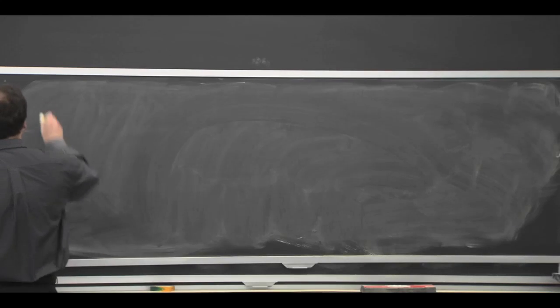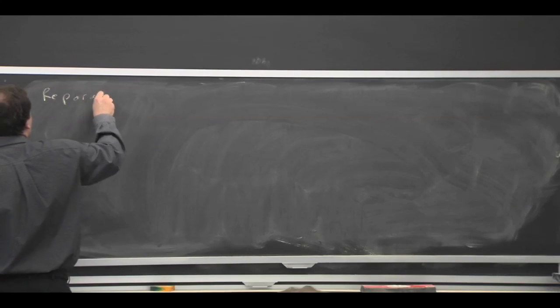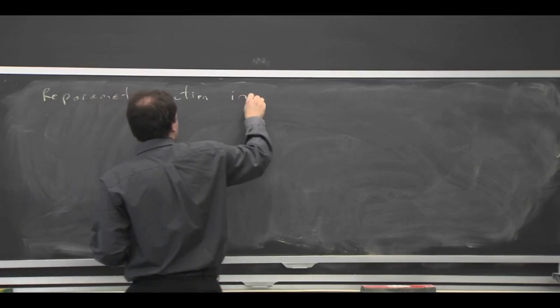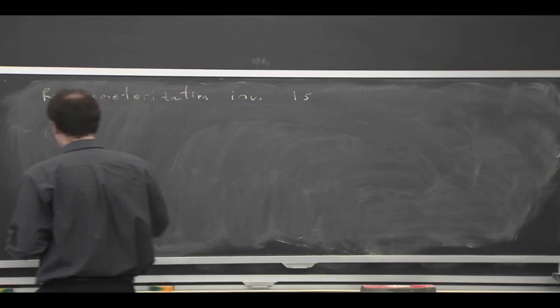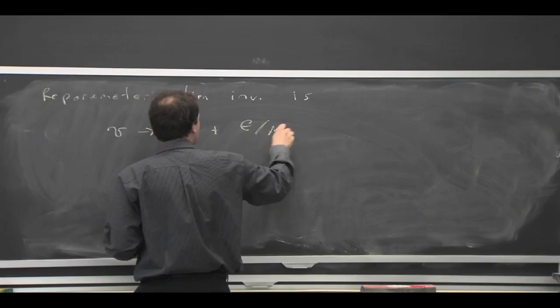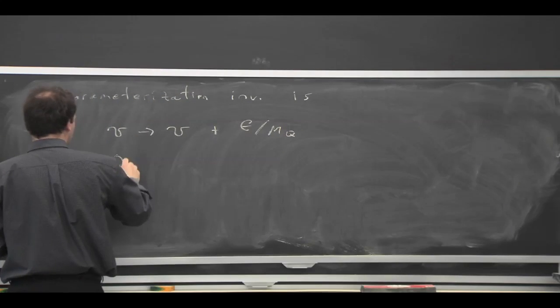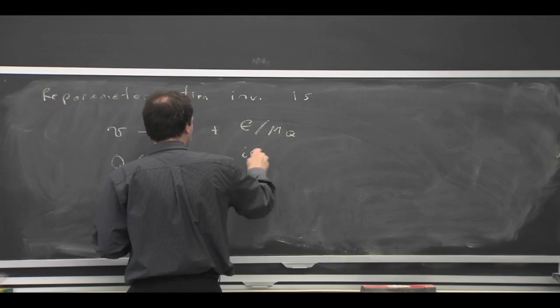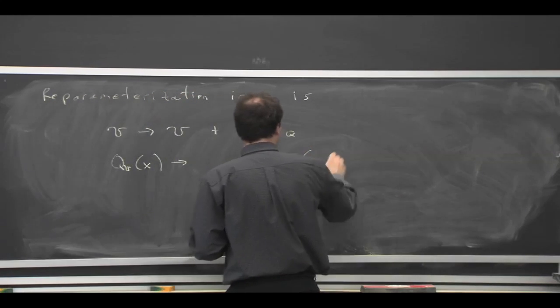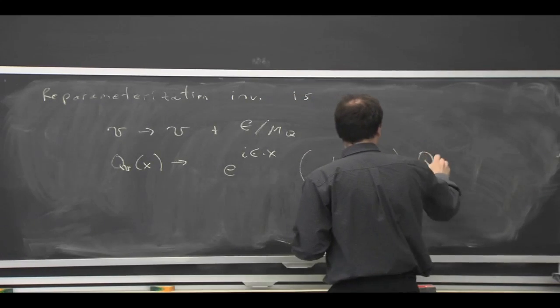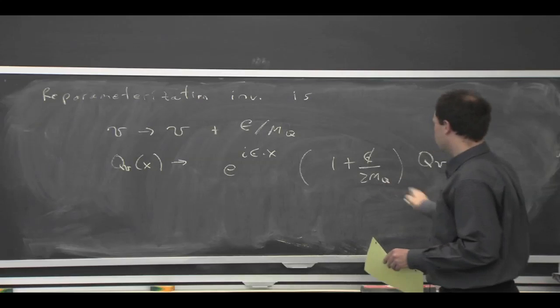So the full reparametrization is V mu goes to V plus epsilon over MQ. And then if I take QV of x, then that is what I said. There's this epsilon slash over 2MQ piece. This is the transformation, so it goes to itself plus this extra piece.